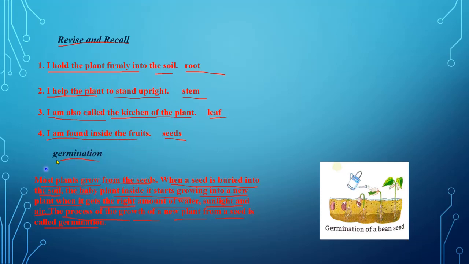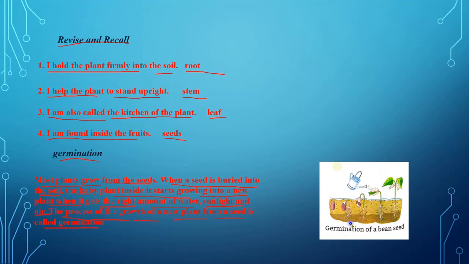What is the germination process? It means when a seed grows into a new plant. To grow it needs the right amount of water, sunlight and air. Then only it will grow. Otherwise it will not grow.